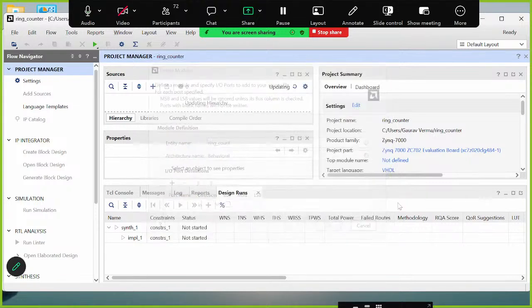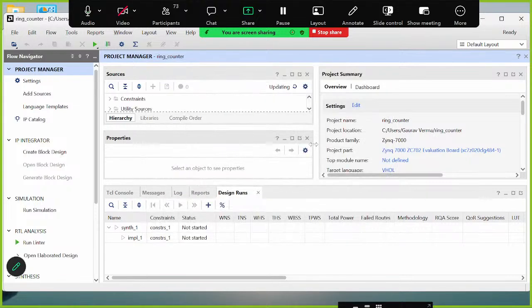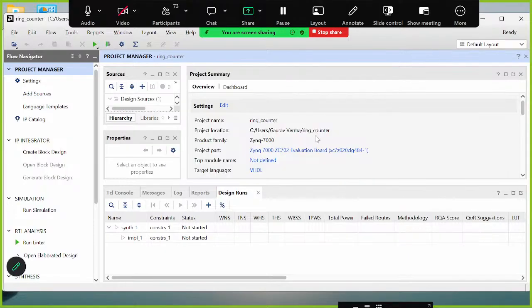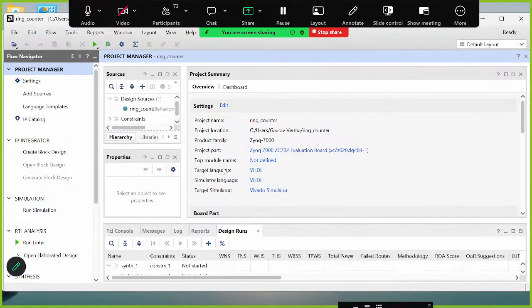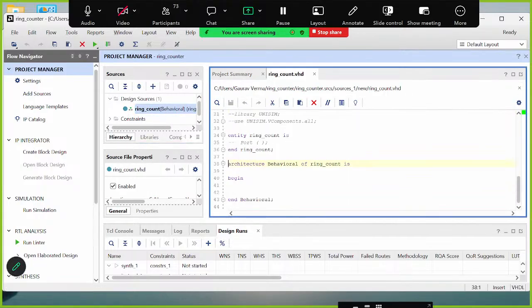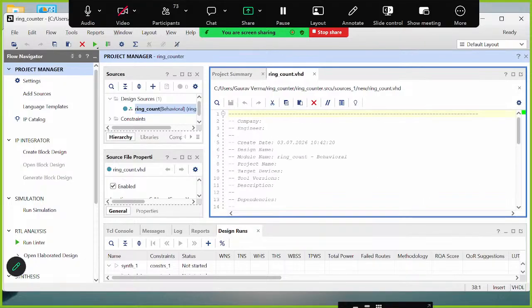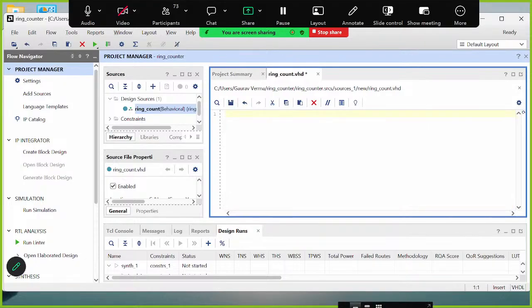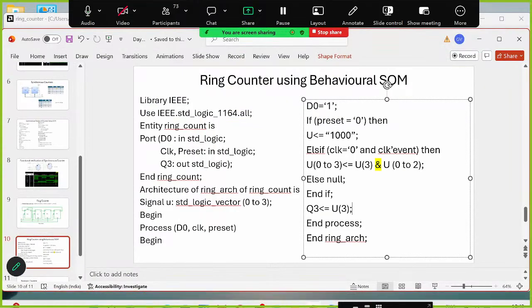We will write our own code, copy paste our own code. Let's copy paste our own code from here.